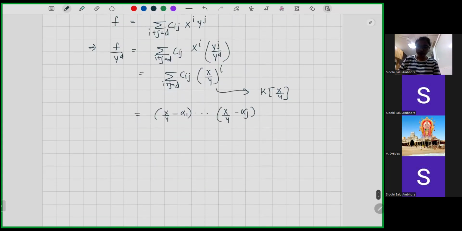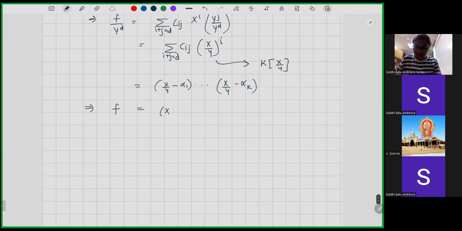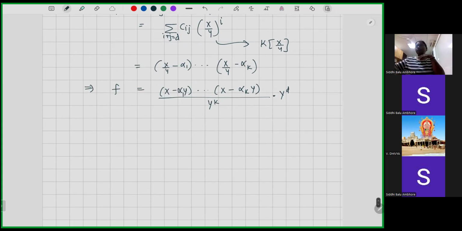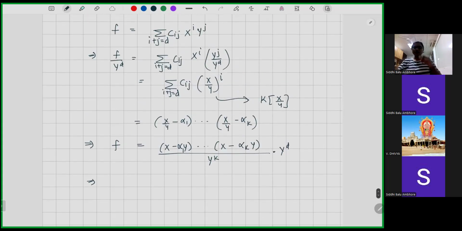And then when I multiply everything on the right-hand side, I get x minus alpha 1 y, up to x minus alpha m y, and everything over y^m into y^d. I am now taking this y to the other side, and this m will be less than or equal to d, because in this polynomial in x by y, i is less than or equal to d, since i plus j is d.